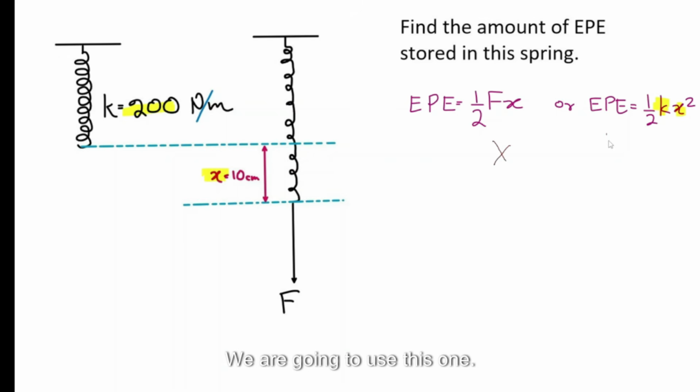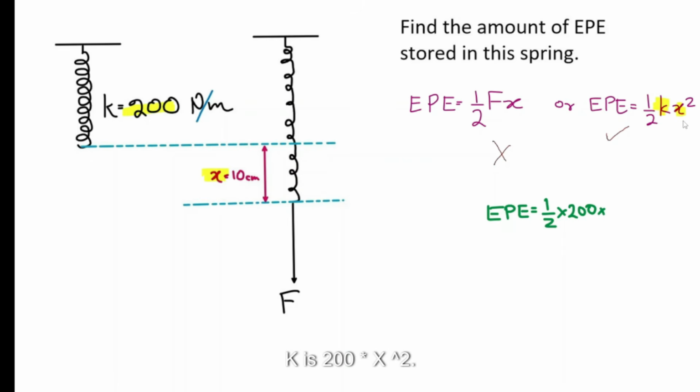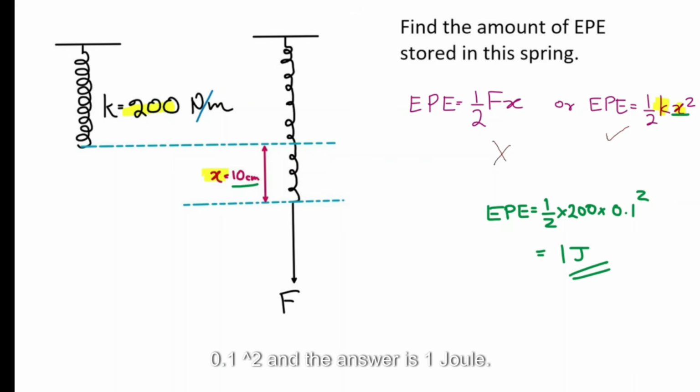We are going to use this one, so let's do that. EPE is equal to half times, k is 200, times x squared. Now this is really important: x is 10 centimeters, but it should be in meters. Divide by 100, 0.1 squared, and the answer is 1 joule.